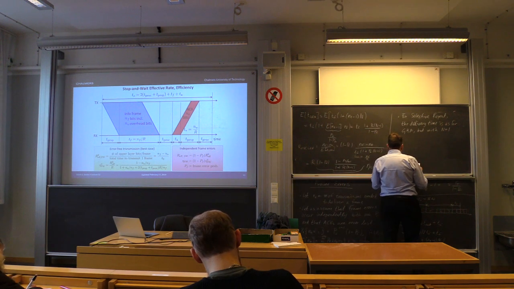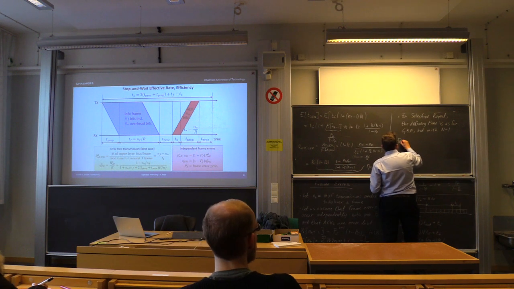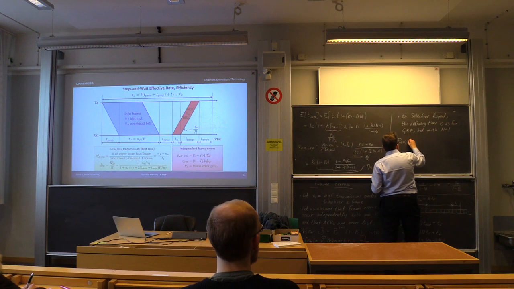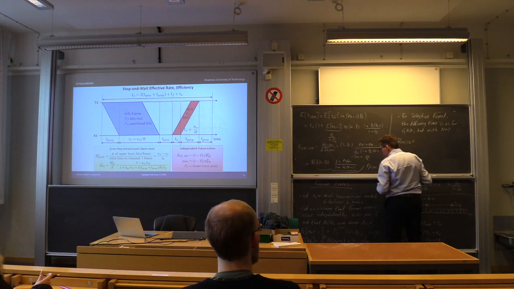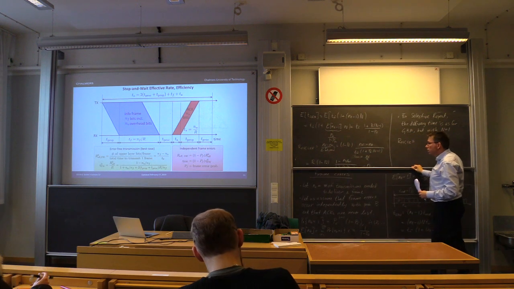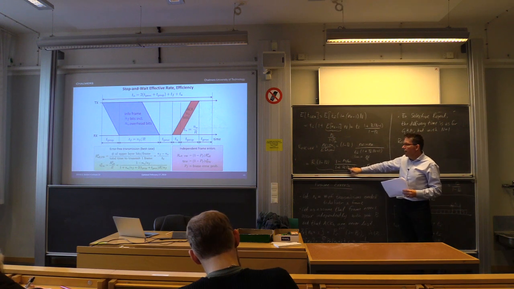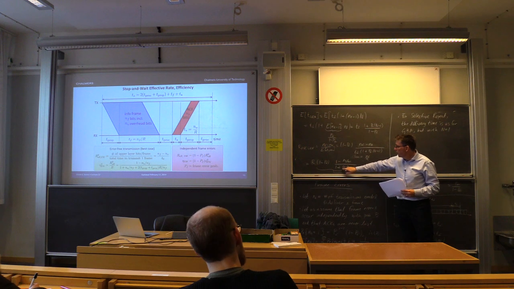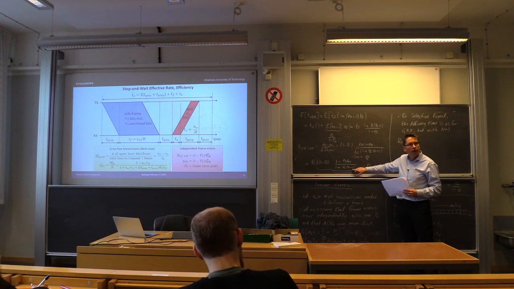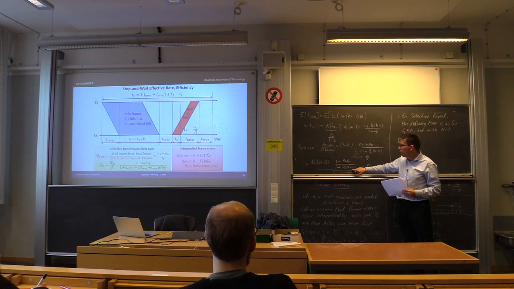So then the effective rate for selective repeat is written here. It's just that we put in n equals 1. And when we put n equals 1, we get rid of this troublesome factor in the denominator.